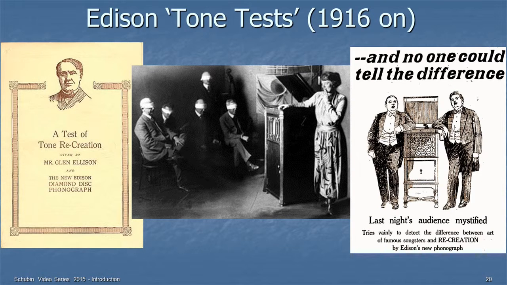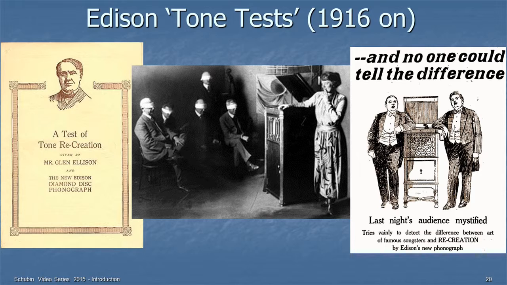Thomas Edison did some tests that showed that humans also have learned perception. He showed a new phonograph recording system starting in 1916, and he did what were called tone tests with it, where he would have a live singer and he would have a phonograph, and as the image on the right shows, he touted that no one could tell the difference between the phonograph record and the live singer.